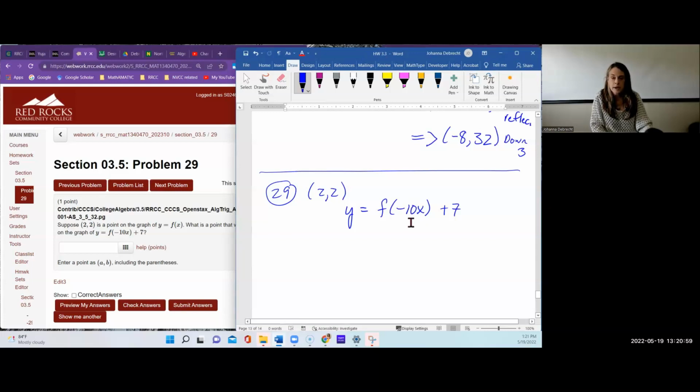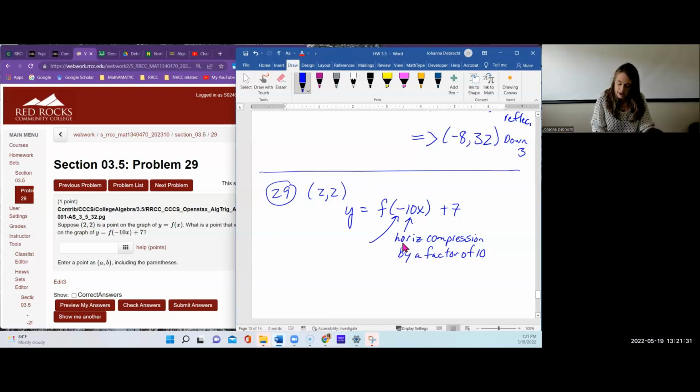First, it's being multiplied by 10, which is a number larger than 1, which is normally a stretch, but it's affecting x, so it's actually a compression. The 10 is a horizontal compression by a factor of 10. That means that the x coordinate gets divided by 10. Then what happens with the negative?